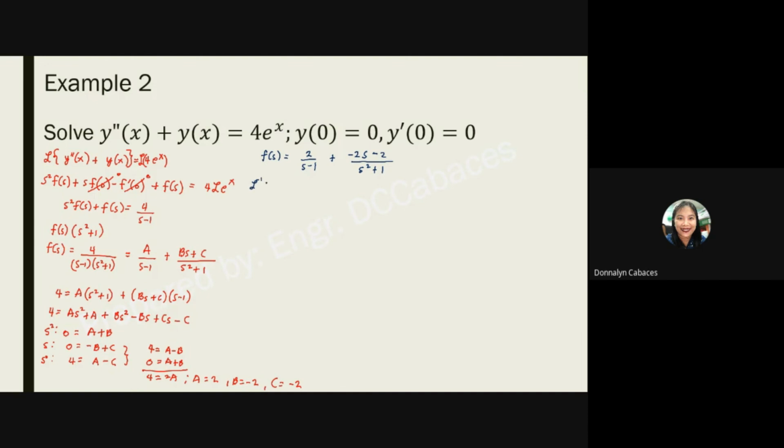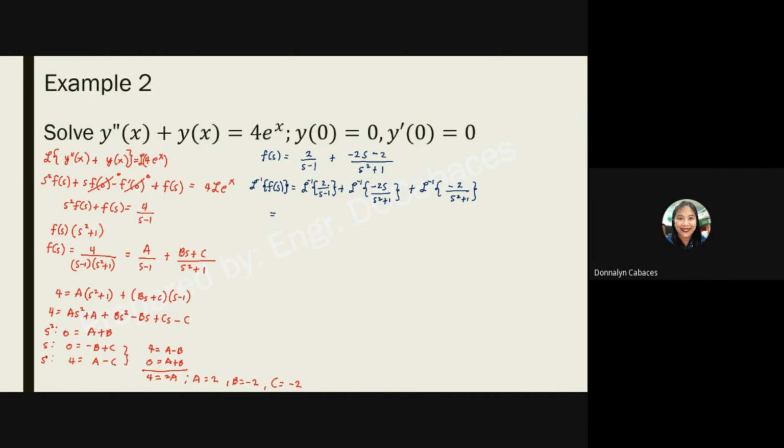So the inverse Laplace of F of s is equal to the inverse Laplace of 2 over s minus 1 plus, again, we can use the linearity property, the inverse Laplace of negative 2s over s squared plus 1 plus the inverse Laplace of negative 2 over s squared plus 1.